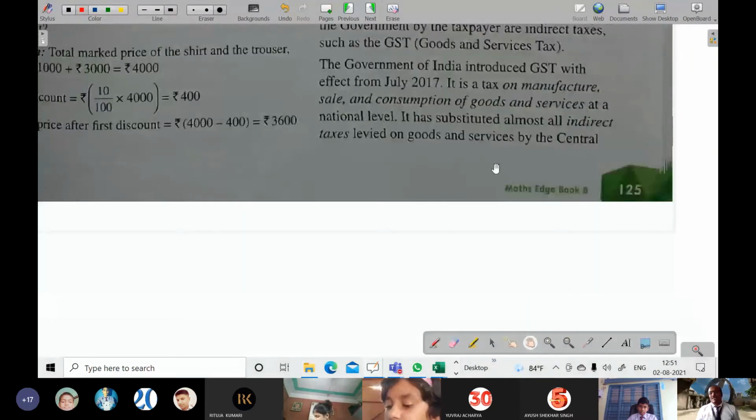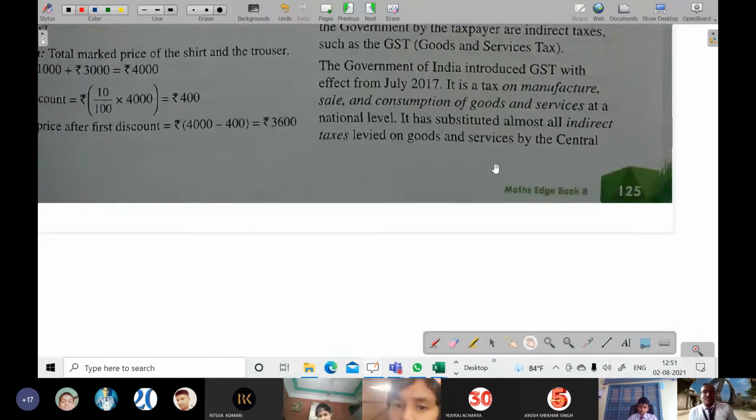The government of India has introduced GST with effect from July 2017. It is a tax on manufacture, sale and consumption of goods and services at the national level.